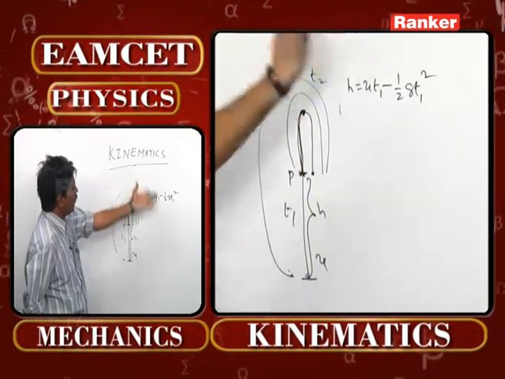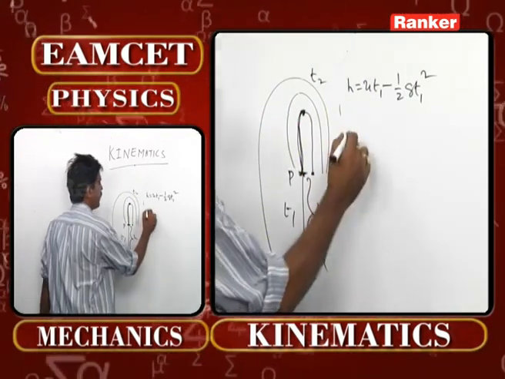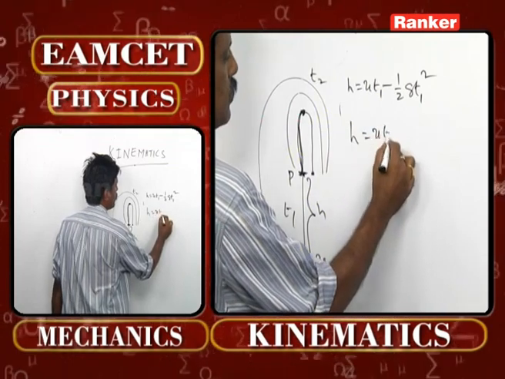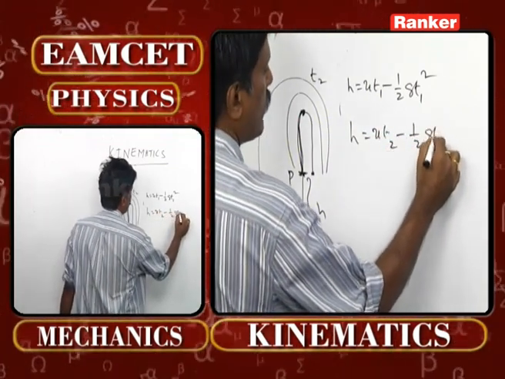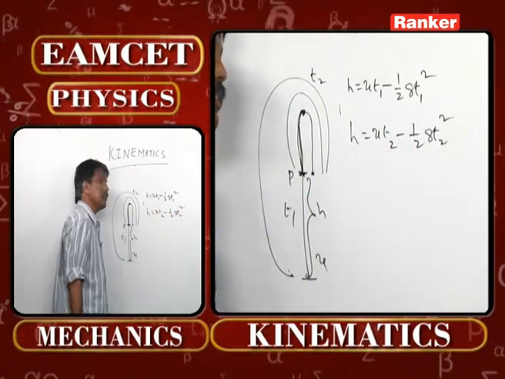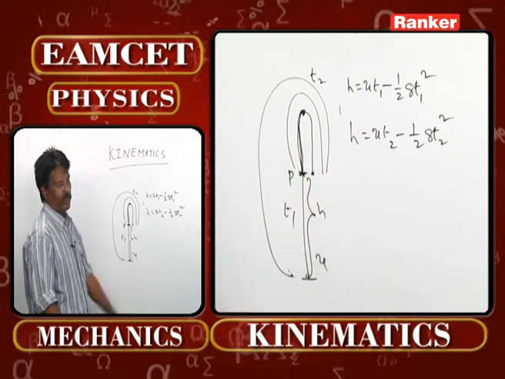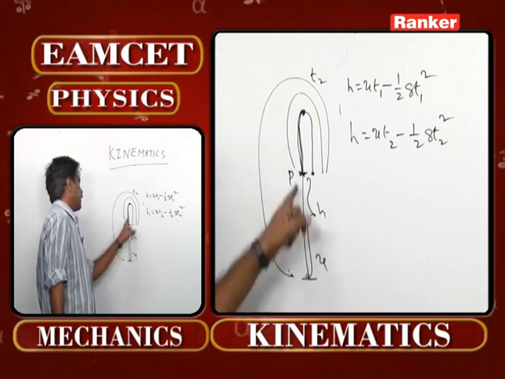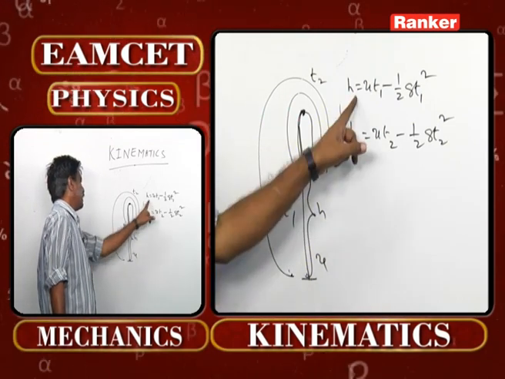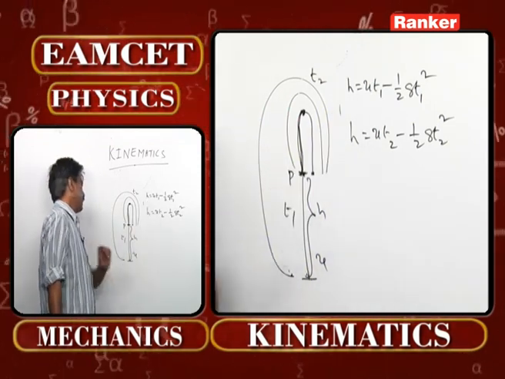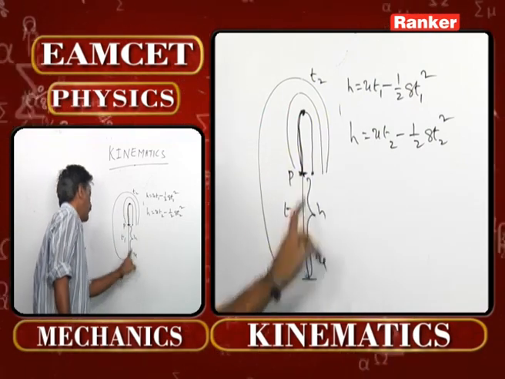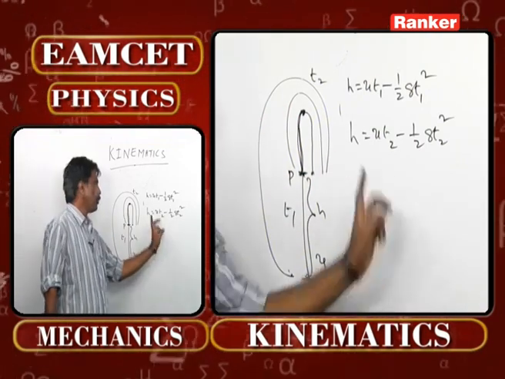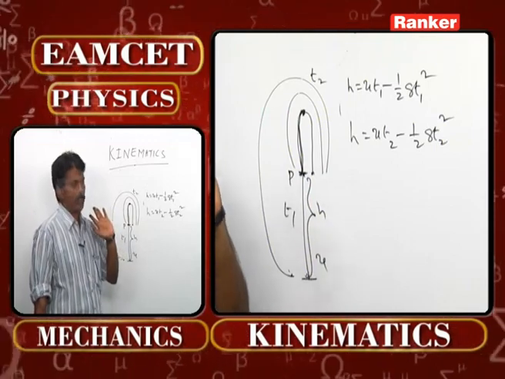So, again we can use the same equation for t2 seconds, h is equal to u t2 minus half g t2 square. This is also correct. This is the funny part of the equation, because when it is crossing the point P after t1 seconds, height reached is h only. When it comes back to this point, again height reached is h only. That is why both the equations are correct.